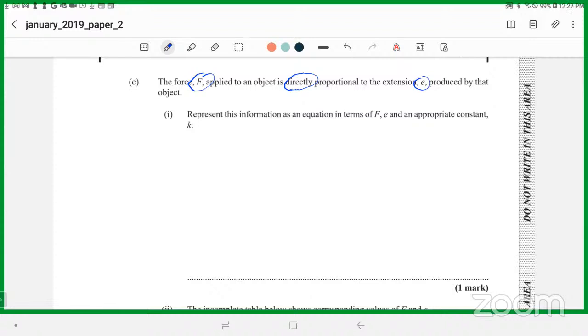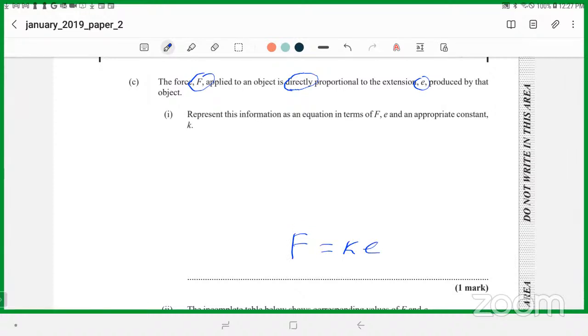In other words, the more force you apply to an elastic band, for example, the more it stretches. Which makes sense. It says represent this information as an equation in terms of F and E and an appropriate constant K. This simply means that F is equal to a constant times E. Done.